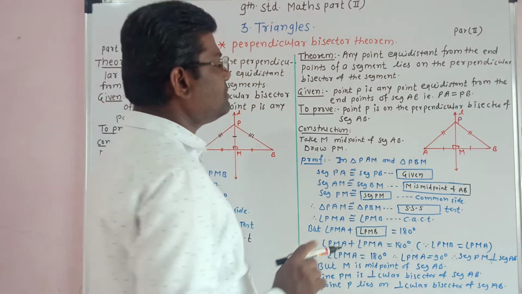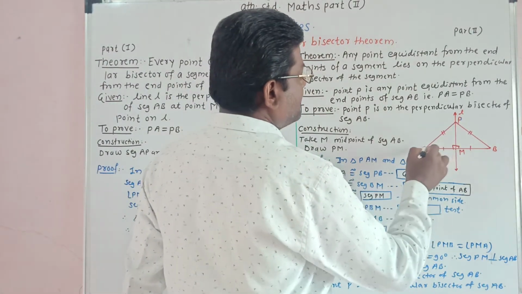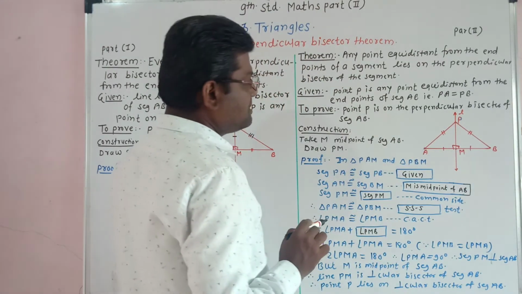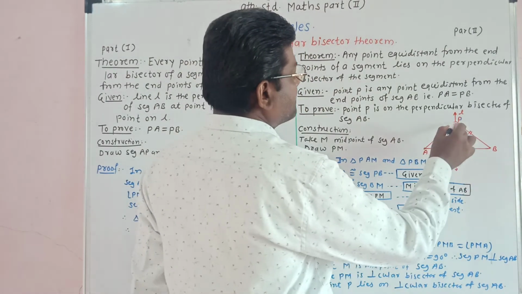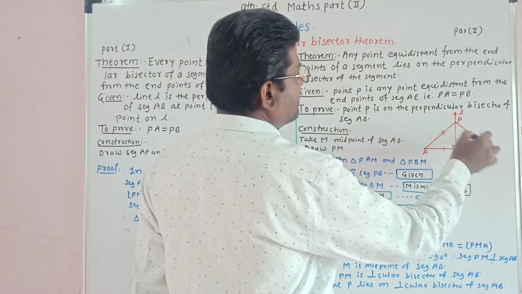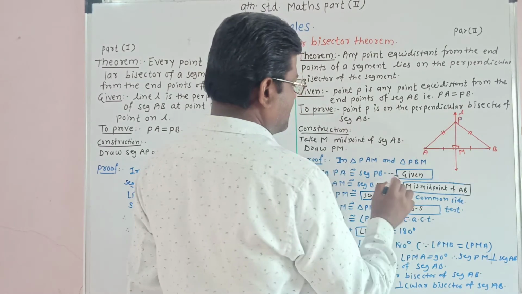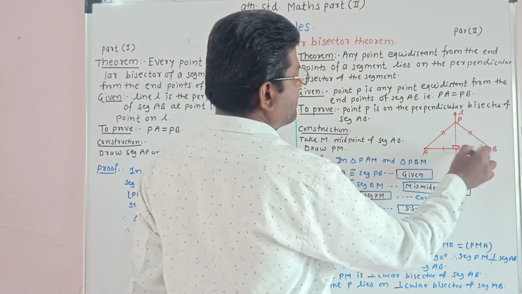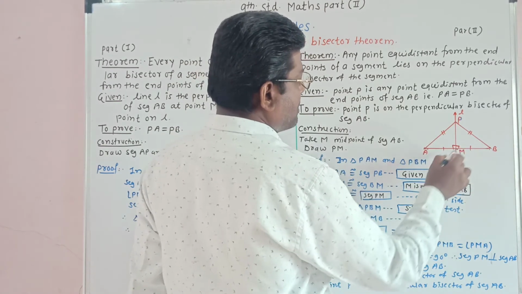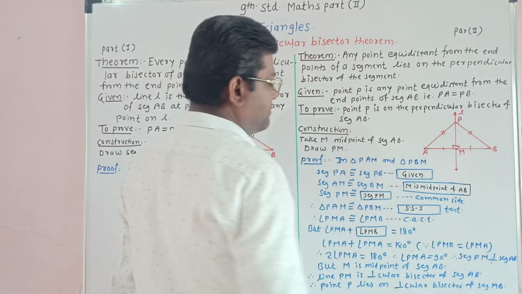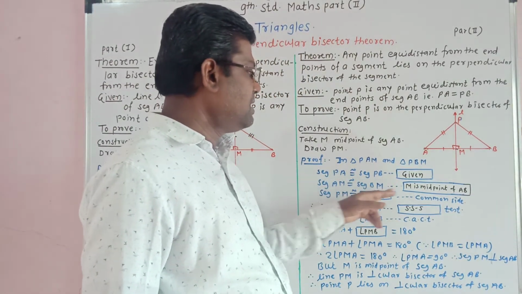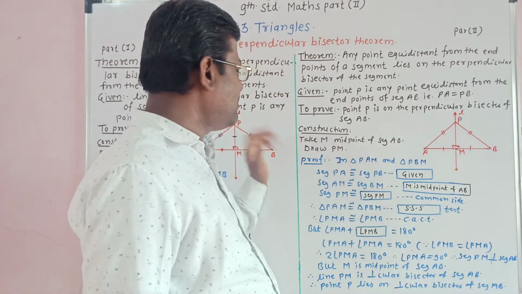Then there are two triangles, triangle PAM and triangle PBM. In these two triangles, segment PA is equal to segment PB. It is given. Segment AM is congruent to segment BM because M is the midpoint of AB.